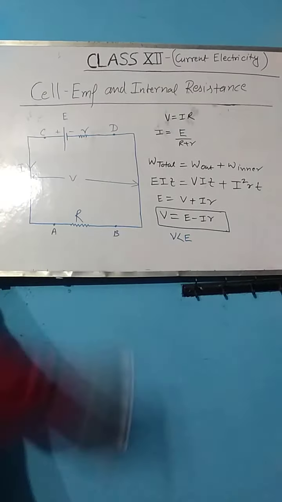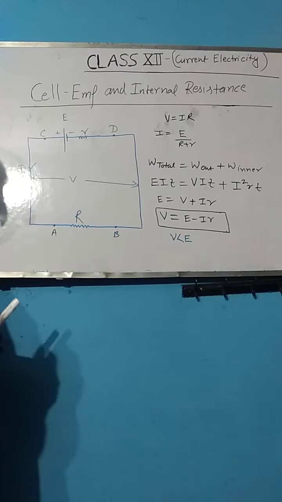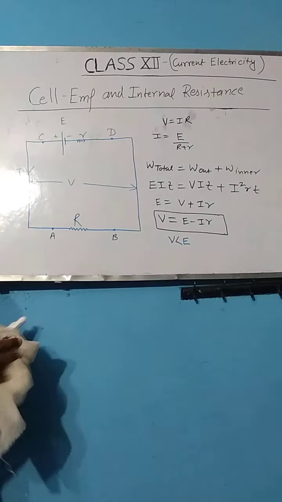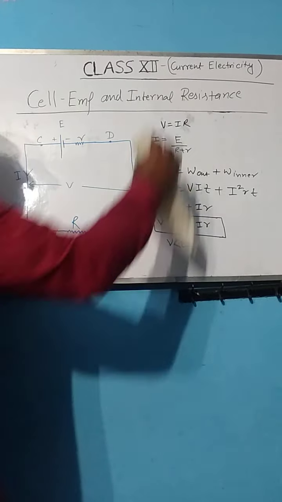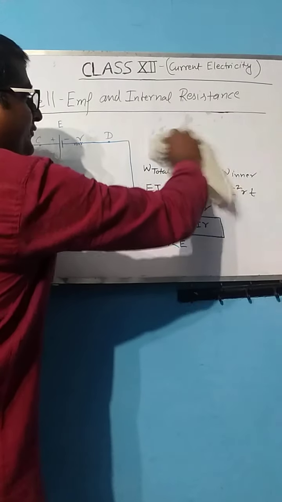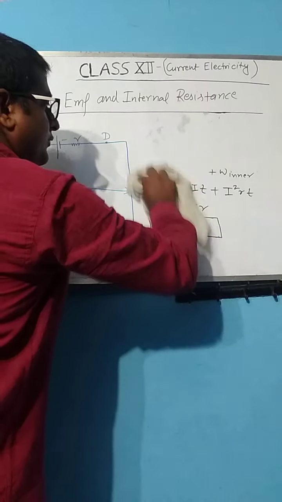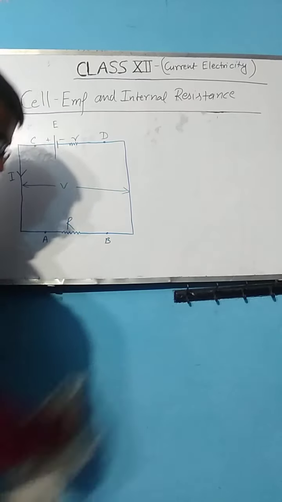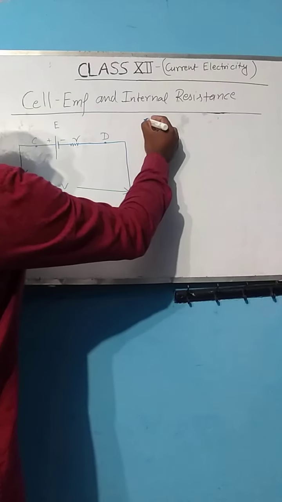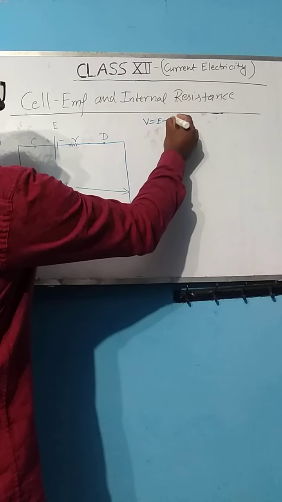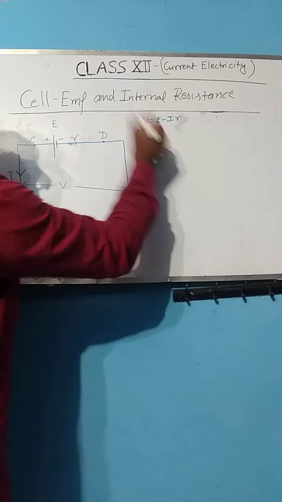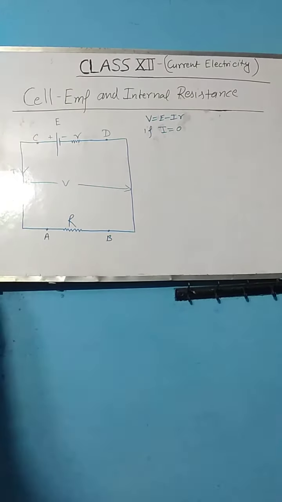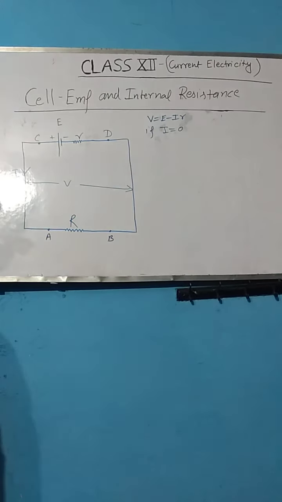So we have to study the cases. First, taking V equal to E minus Ir, if I equal to 0, current is 0 in this circuit.